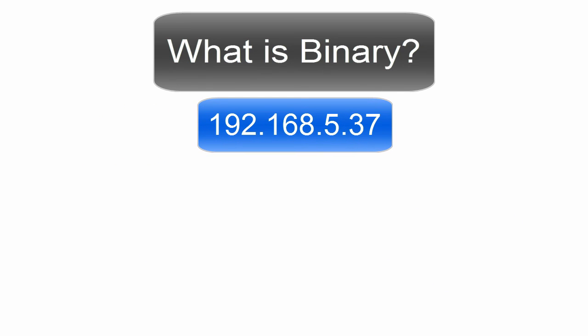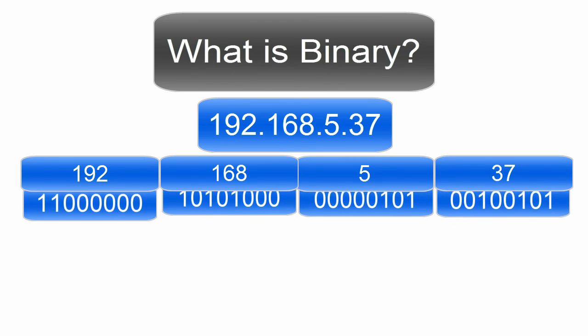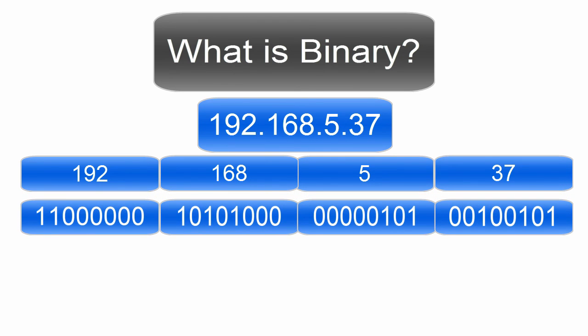So each of those is going to be 8 binary digits. Each binary digit is 1 bit. So 8 of those per octet gives us our 8 bits for a total of 32 in the entire address or subnet.